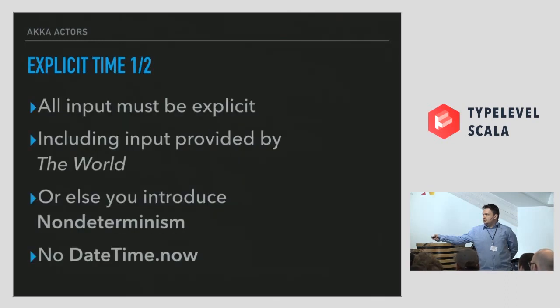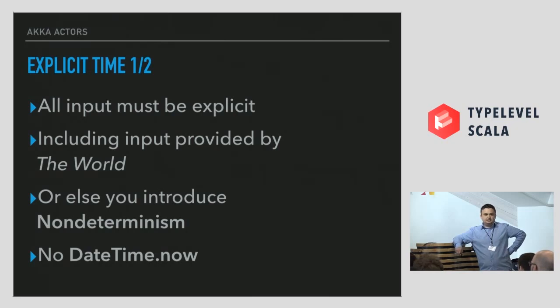And one big problem that happened is that we often talk about effects that our code does to the outside world, but sometimes we are talking about input provided by the outside world. One such example is date time now. So we can have code that depends on time, on date time now.